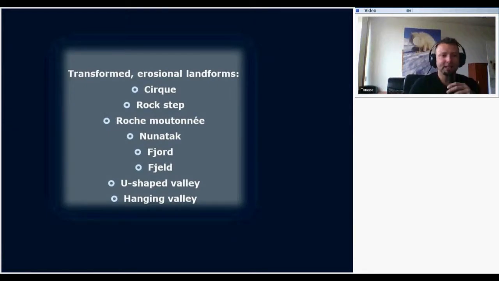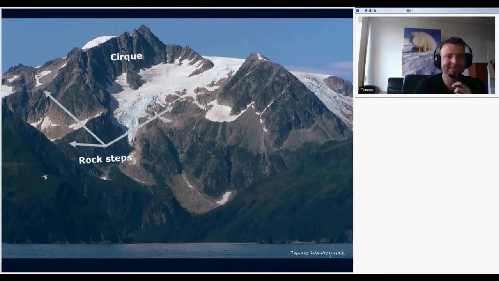There are also transformed erosional landforms, such as cirques, rock steps, moutons, nunataks, fjords, fjelds, also U-shaped valleys and hanging valleys. Examples: cirques have an amphitheater shape.